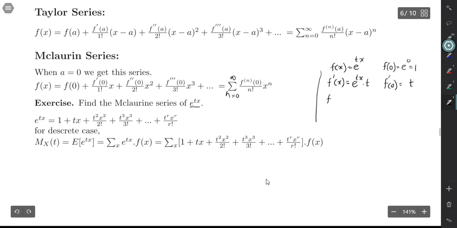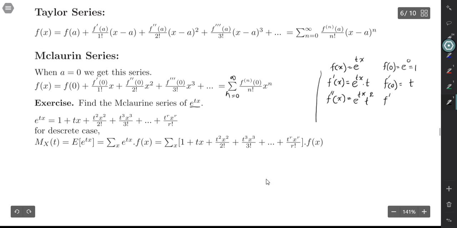Then we need the second derivative of f(x). Again t is a constant. So for the second derivative, you again get e to the tx times t, and when you multiply that t by the t you got from the first derivative, you end up with t square.